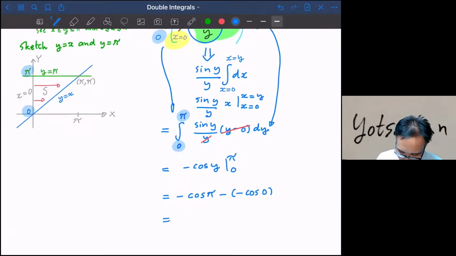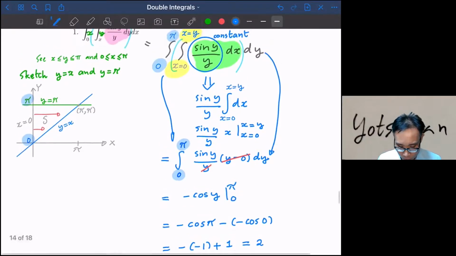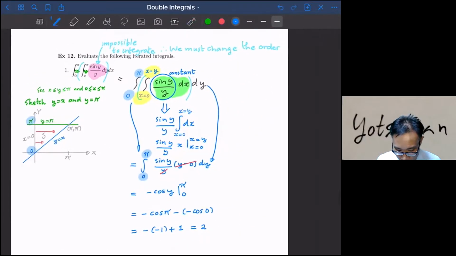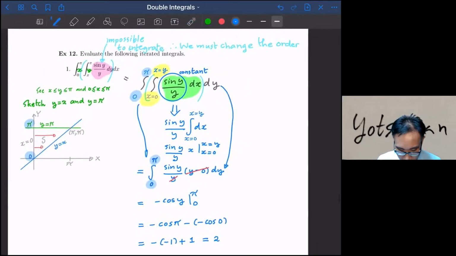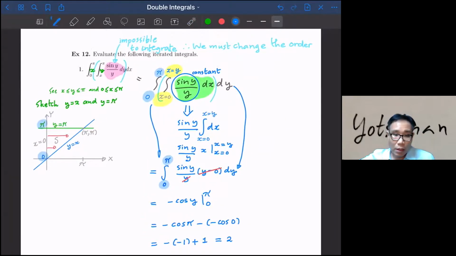So you would get negative of negative 1 plus cos 0, which is equal to 1. So this number is equal to 2. Okay, so that will be example 12, this integral.